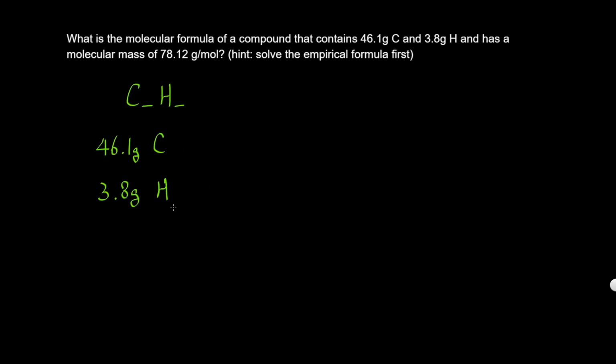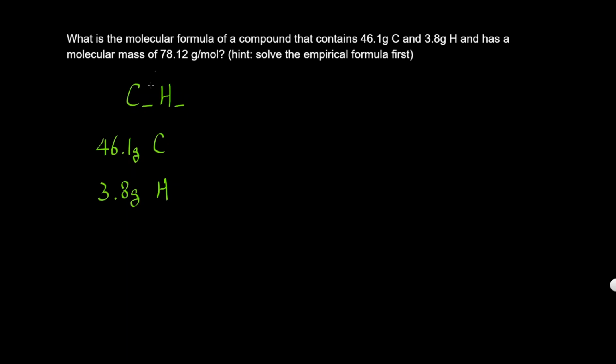Now the subscript here is sort of like a molar ratio. If you have C1 and 4 H's, that means for every 1 mole of carbon, you're going to have 4 moles of hydrogen, number-wise.